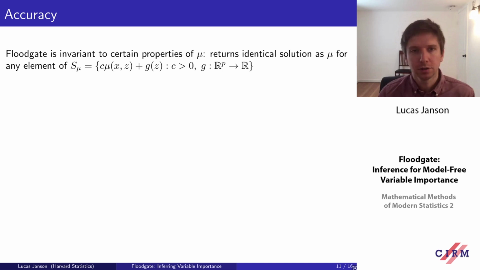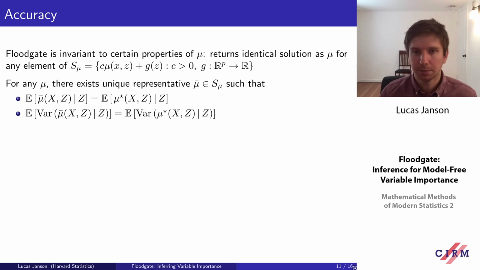And so what I want to do is link the accuracy of Floodgate to the accuracy of mu. But the problem is that mu is not really well defined here, because there's a whole bunch of mu's that Floodgate treats identically. And so we're going to pick a representative for this set. For any mu, I'm going to define the representative from its equivalence class as mu bar.